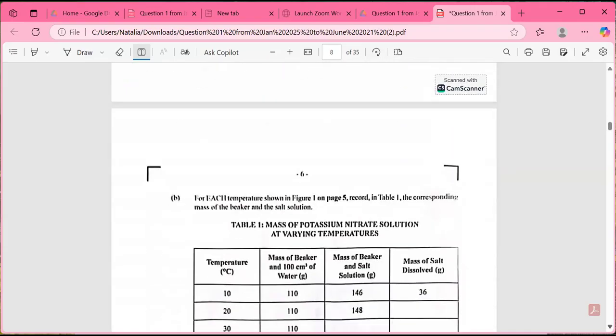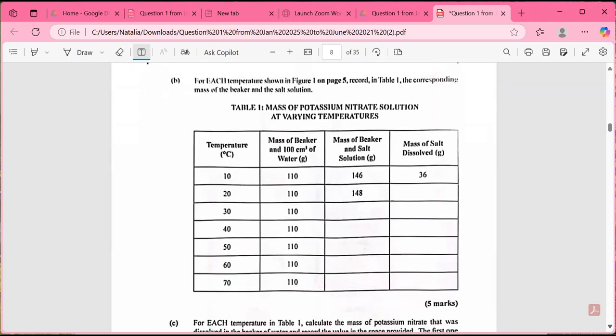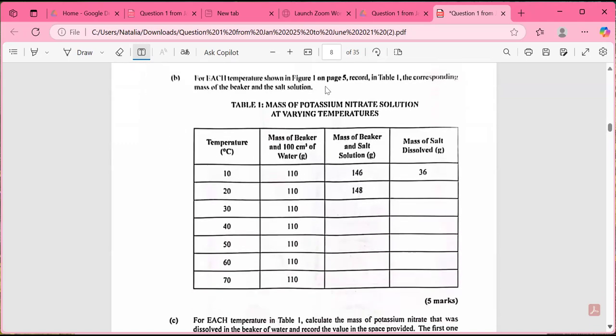All right, so for each of the temperatures shown in figure 1 on page 5, record in table 1 the corresponding mass of the beaker and salt solution. So here we have the original mass. The original mass of the beaker and the water is 100 grams.